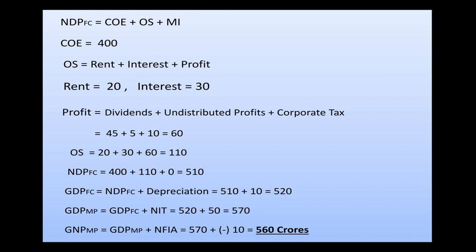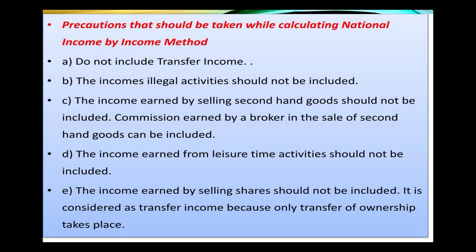Now GNP at market price is GDP at market price plus NFIA, and NFIA is negative, so our GNP at market price is 560 crores. Hope you understand how to solve the numerical.